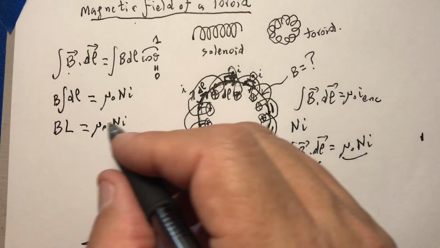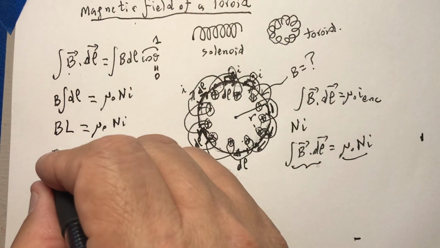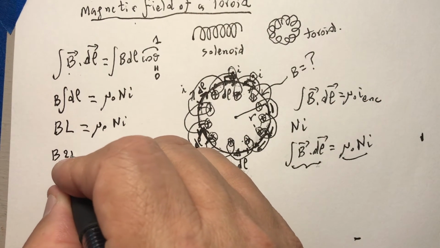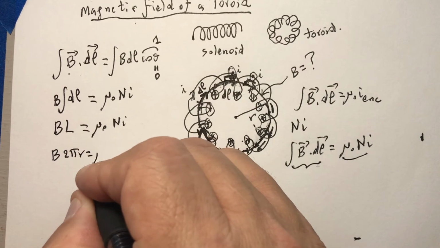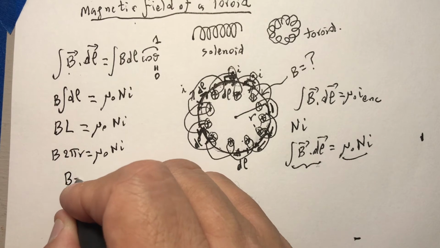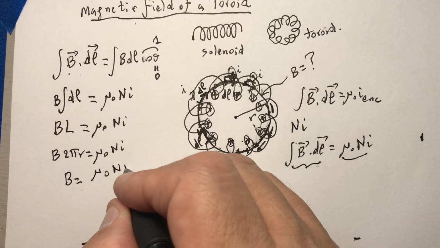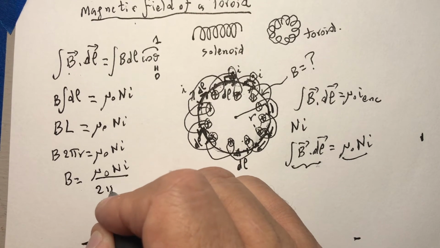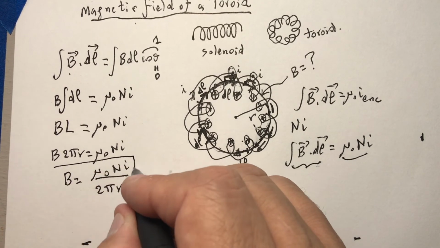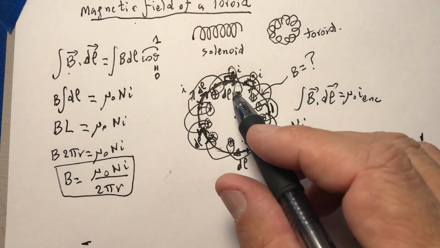Now this L is the circumference, which is 2 pi r. So B 2 pi r is equal to mu0 Ni. So the B field is equal to mu0 Ni over 2 pi r. Here is the B field of a toroid.